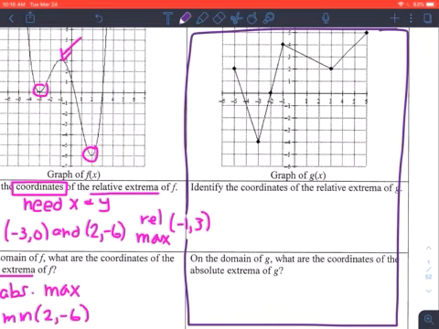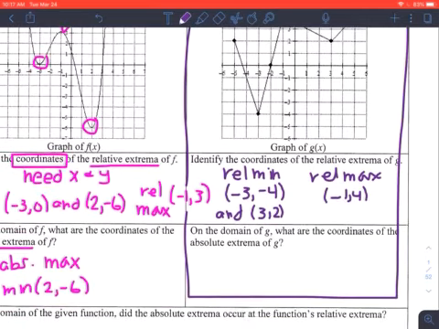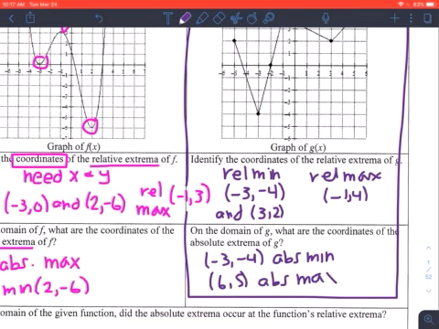Okay, so again, we have two relative mins, and we have a relative min occurring at -3, -4, and 3, 2, and a relative max at -1, 4. The absolute extrema are at -3, -4 is an absolute min, and 6, 5 is an absolute max.